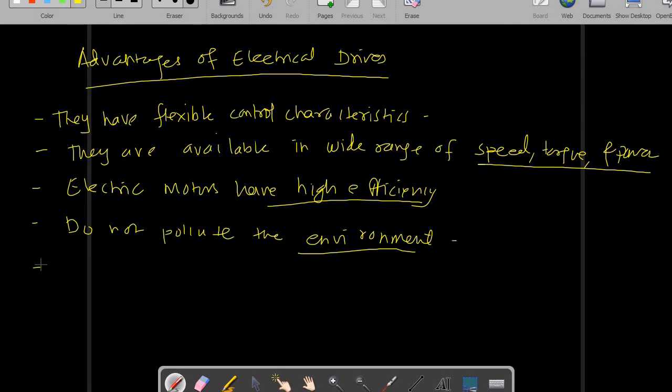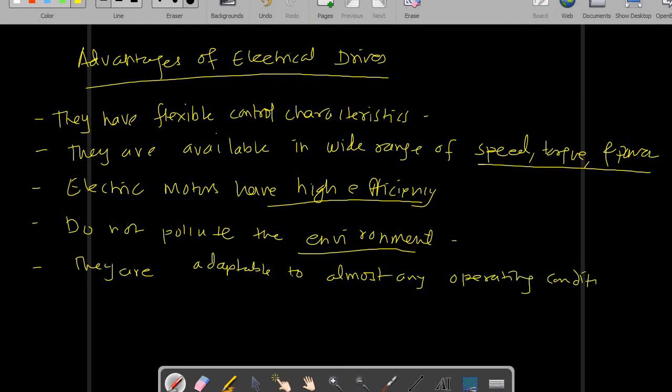The fifth advantage is that they are adaptable to almost any operating condition, such as explosive or radioactive environments, or submerged in liquids, or vertical mountings, and so on.